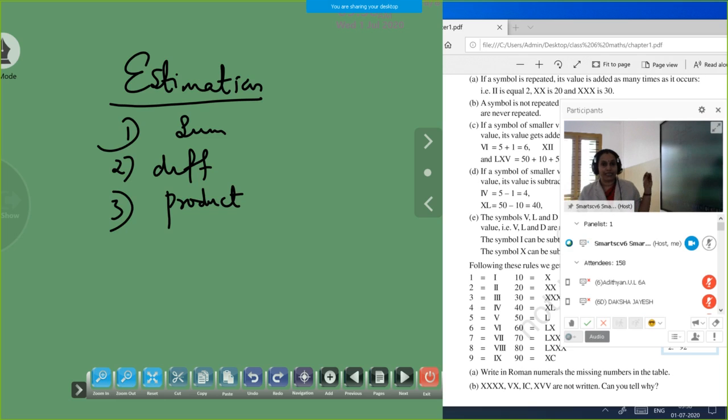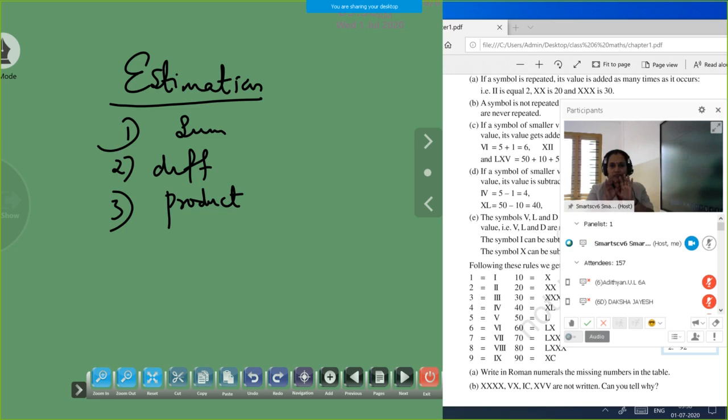How to estimate the sum: sometimes they will ask to round off to the nearest tens. Then you round the numbers to the nearest tens and add them. Then sometimes they will ask you to estimate the difference, rounding off to the nearest hundreds. Then round off the numbers to the nearest hundreds place, then subtract.